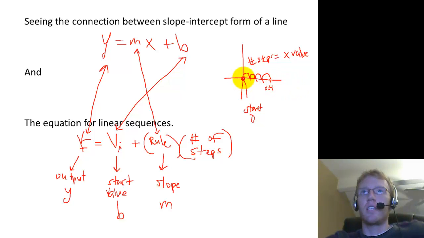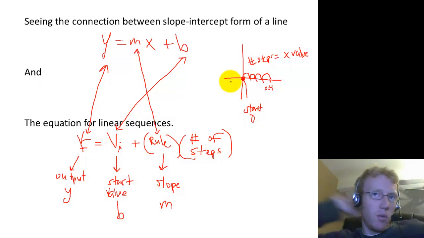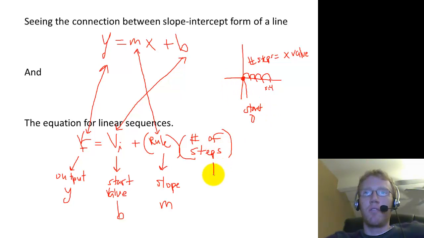Since on the x-axis you always start at 0, then to get to, say, x equals 10, you have to take 10 steps forward. To get to x equals 117, you have to take 117 steps forward. So this number of steps forward is actually just your x value.